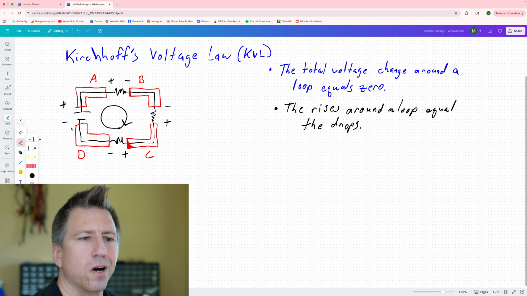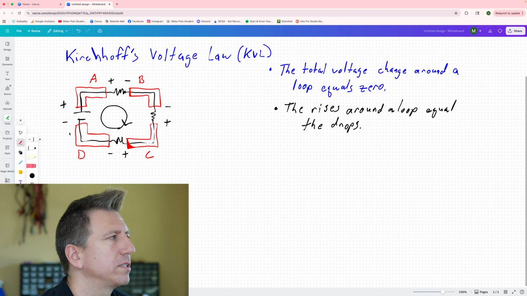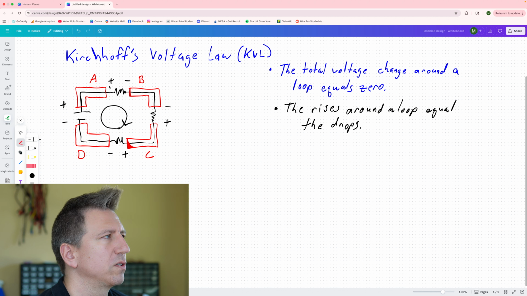And if we got it wrong, all that's going to happen is in our answer, the answer is going to be negative. And so we'll have to look out for that. So we want to write this as a rise. And then we have this second one here, it goes from plus to minus, so that's a drop. And then I go from minus to plus as I go around, that's a rise. And then plus to minus, that's a drop. So we have 2 rises and 2 drops when we go around this circuit.